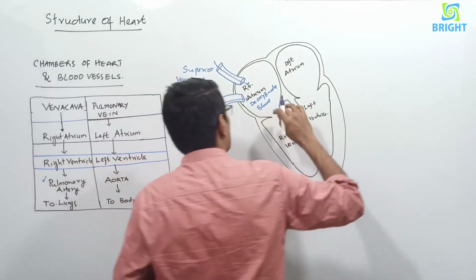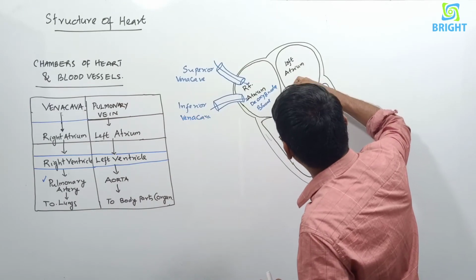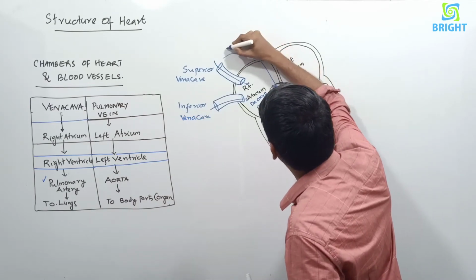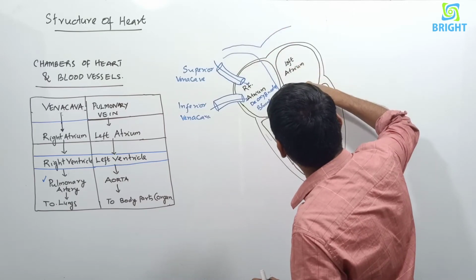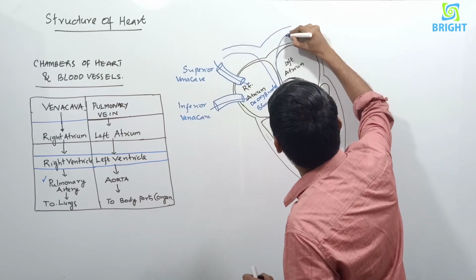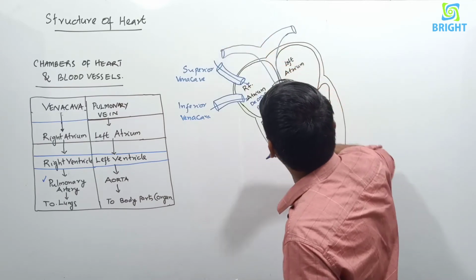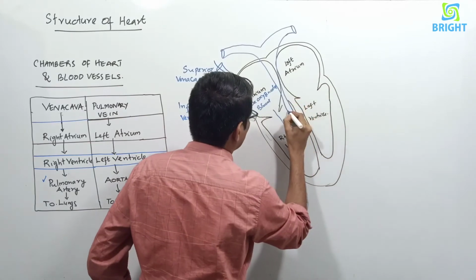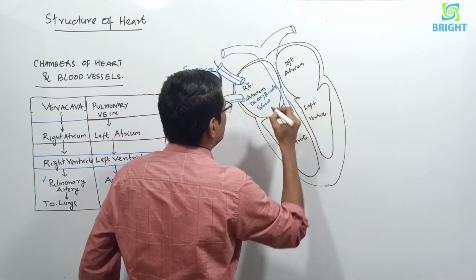So the blood vessel that starts from the right ventricle is called the pulmonary artery. How to draw the pulmonary artery? We can draw it just like a T, because there are 2 branches. One is going into the right lung and another is going into the left lung. So this is starting from the right ventricle.